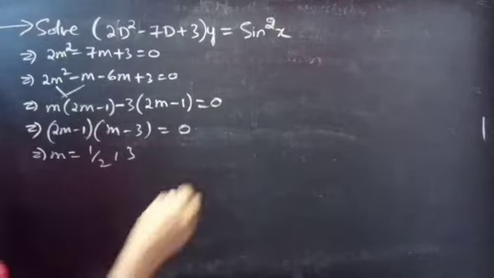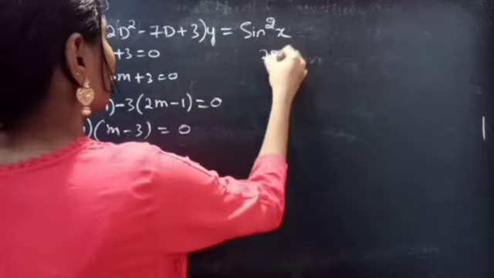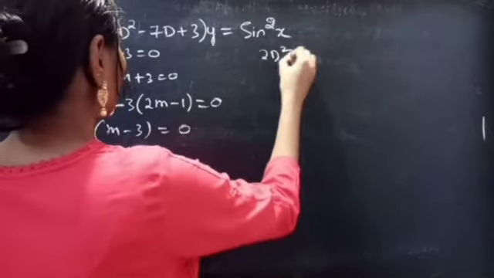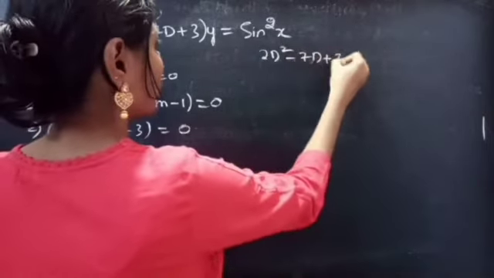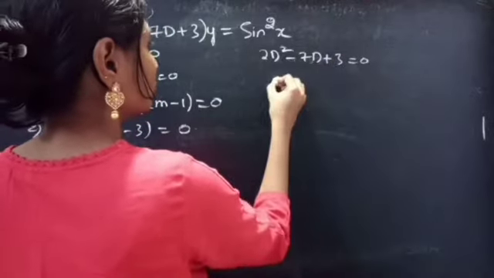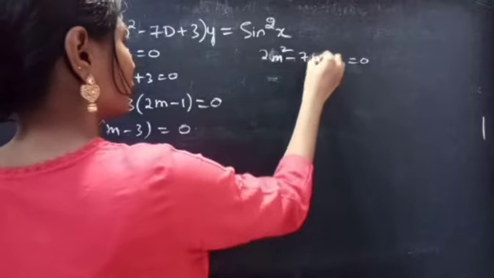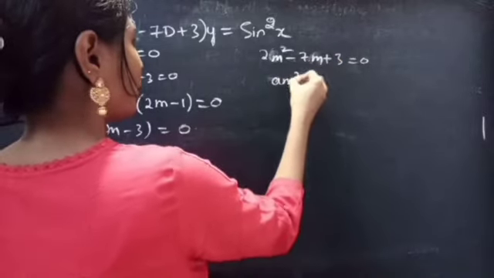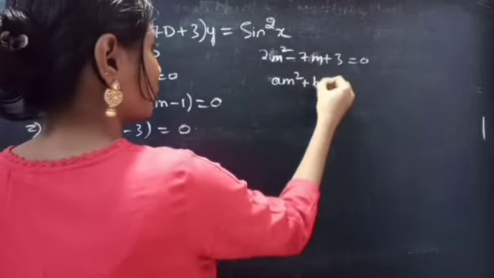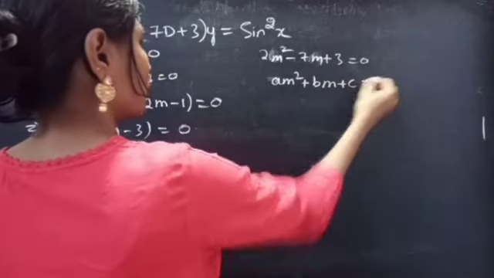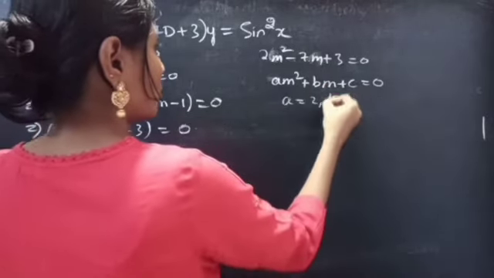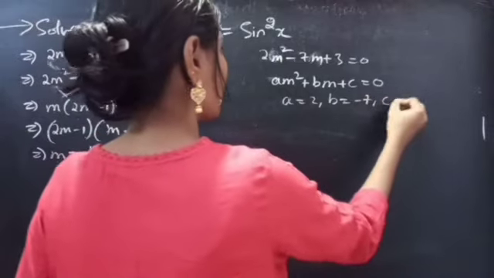Or we can just use the quadratic formula to find the roots. Simply compare this equation with the quadratic equation ax² + bx + c = 0. Then a = 2, b = −7, c = 3.